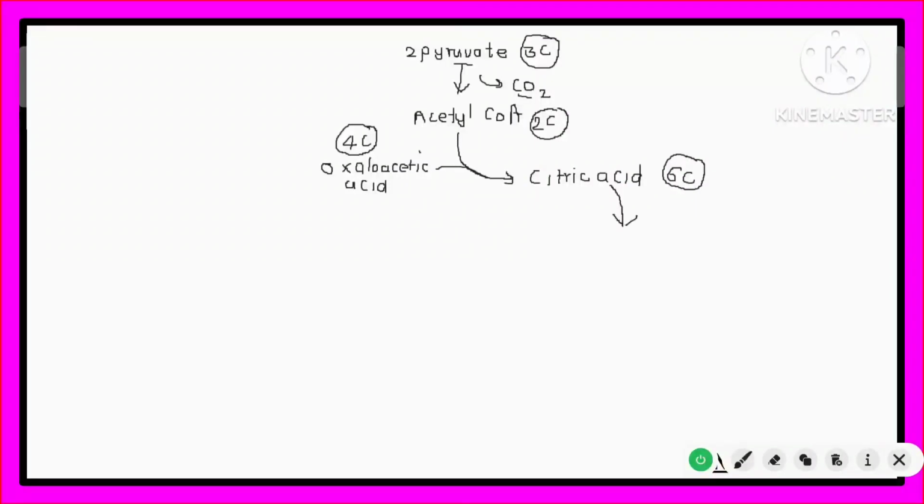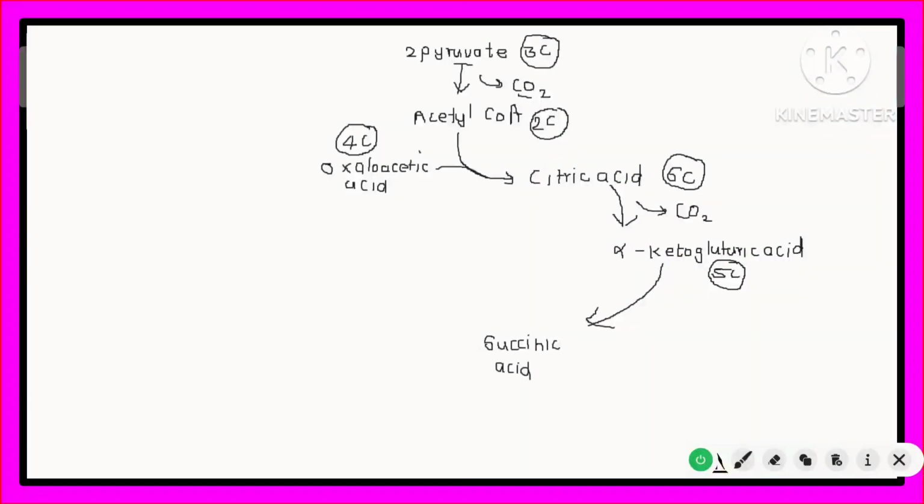Now this citric acid will form alpha ketoglutaric acid. This alpha ketoglutaric acid will again form a new compound, that is succinic acid. While forming alpha ketoglutaric acid from citric acid, there is a decarboxylation reaction, so alpha ketoglutaric acid will be a five carbon compound.